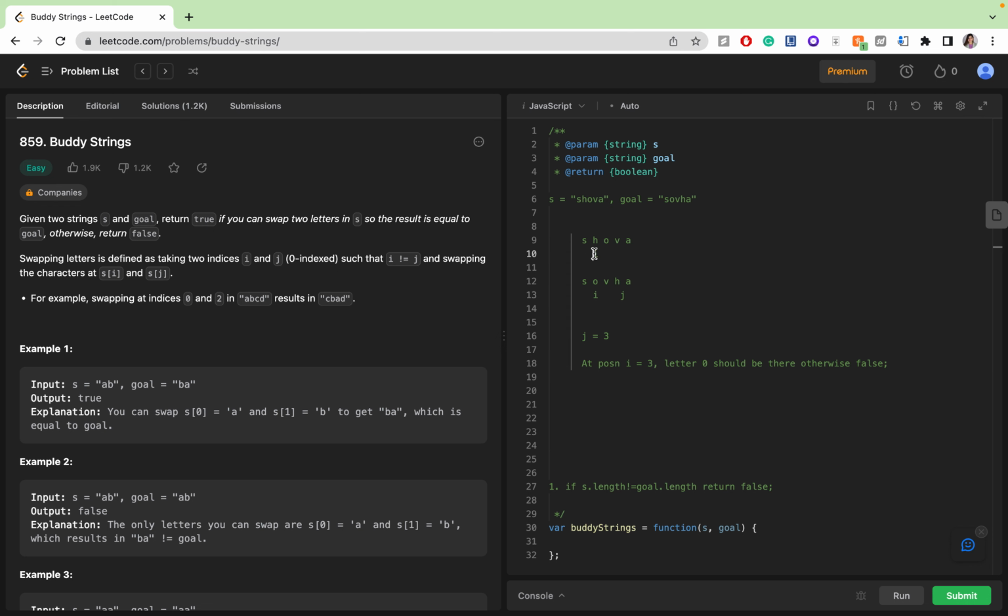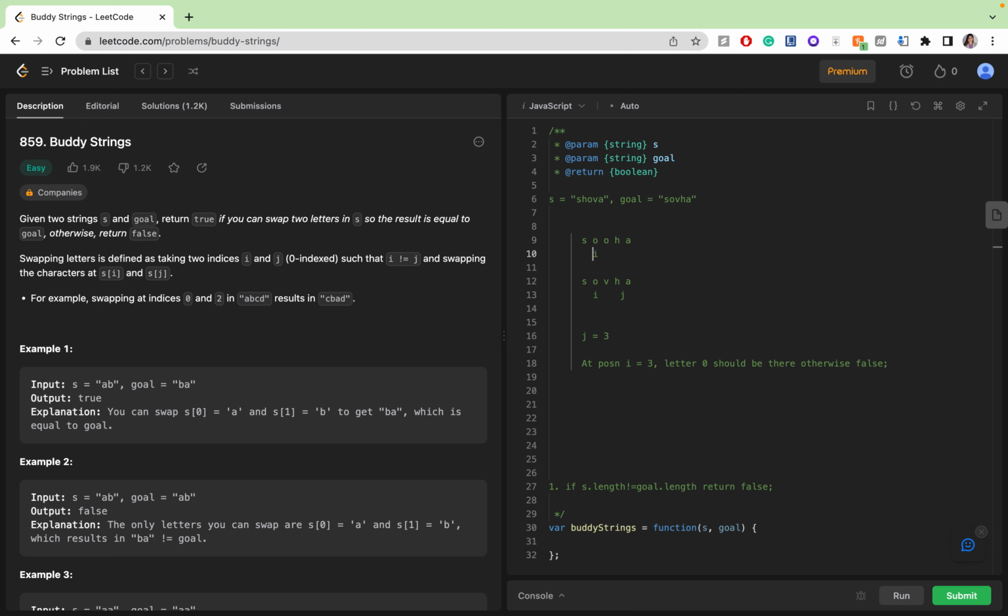Suppose at position 3 there was o, then I could have swapped, right? Then it would have been o and h. Okay, this is fine now.